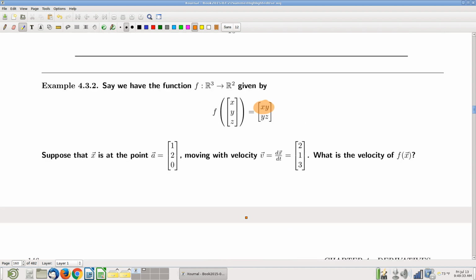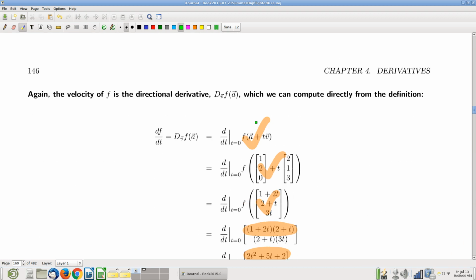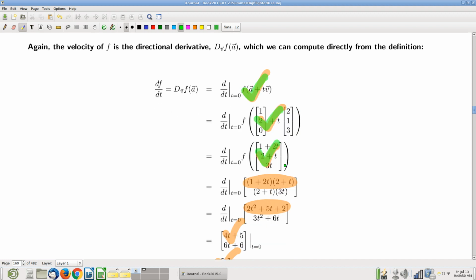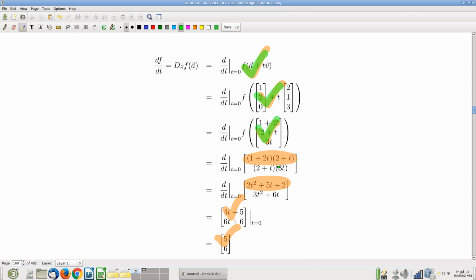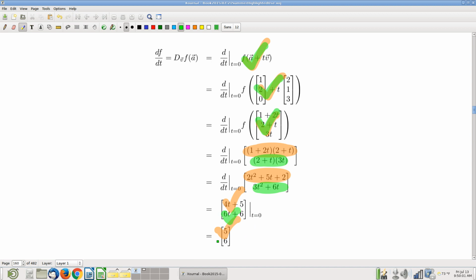And then, likewise, for the second component, if you look at the scalar-valued component function, yz, by itself, well, you're going to have the exact same parametric curve in the domain. You're still at the same point in the domain, moving at the same velocity in the domain. yz will have that value, which will have, again, that derivative, which when you plug in t equals 0 will again give you 6.